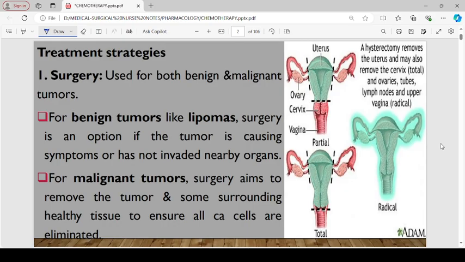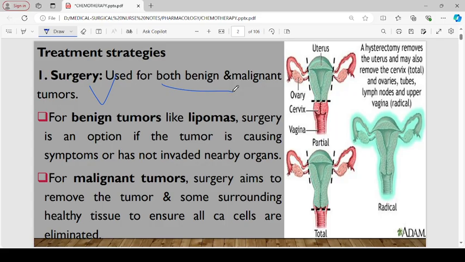We have 8 treatment strategies in cancer. The first one is surgery, and surgery is normally used for both benign and malignant tumors. As for benign tumors like lymphomas, surgery is normally an option if the tumor is now causing symptoms or if it has invaded nearby organs, resulting in different manifestations.